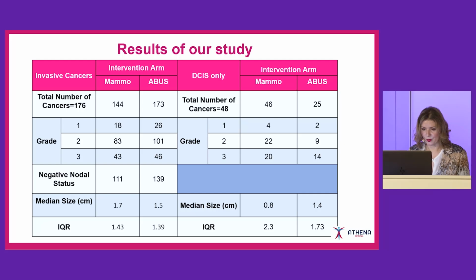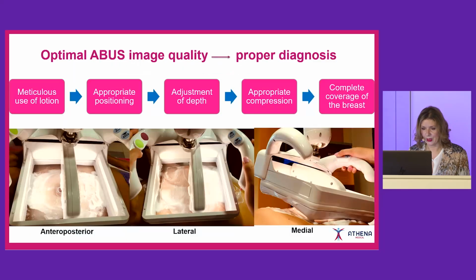Most of these cancers were invasive carcinomas. Some of them were grade 1, and most of them were grade 2. Most of these cancers were node negative, and the median size was 1.5 centimeters.